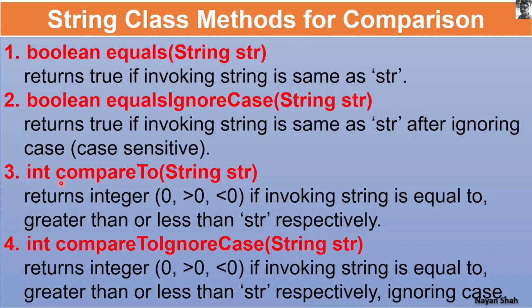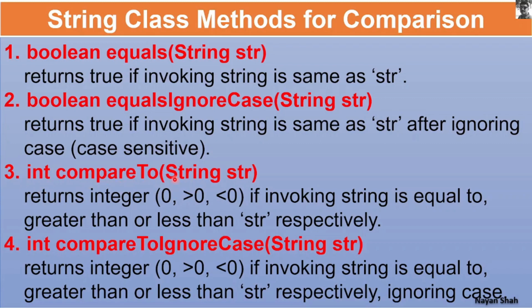The third method is also for comparing two strings. Here it says integer compare to string str. Now this will return the answer of type integer. The first two methods' return type is boolean. So for the first and second methods, the answer would be either true or false. But for the third and fourth methods, the return type is integer, so the answer would be some number.